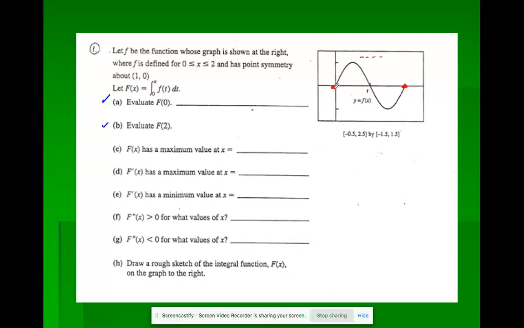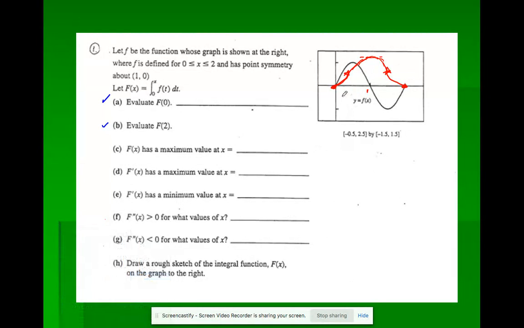Therefore, the graph I'm going to draw is increasing, but due to the concavity issues, I know that I am concave up from 0 to 0.5, concave down from 0.5 to 1.5, and then concave up from 1.5 to 1.